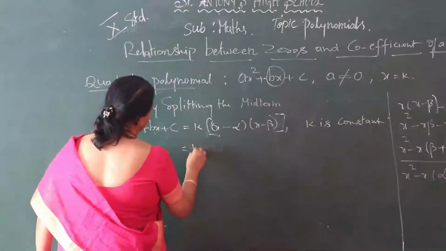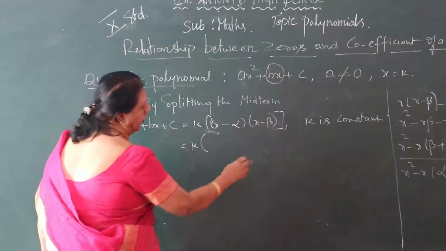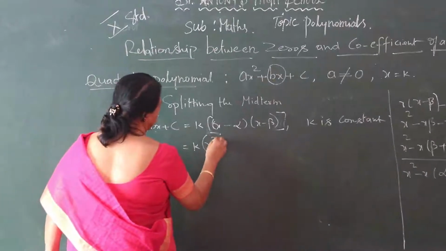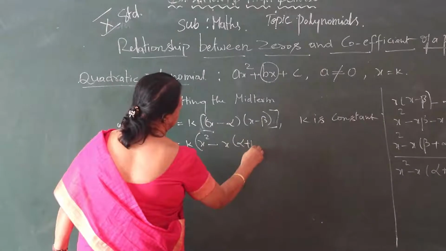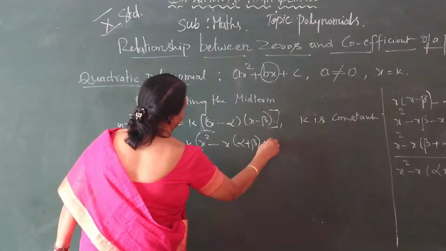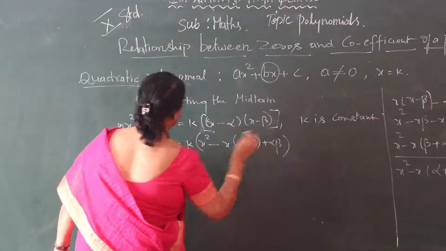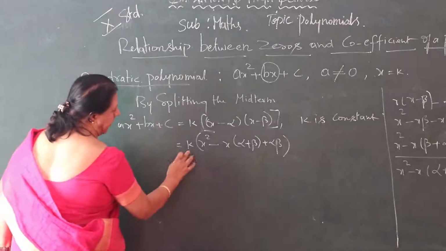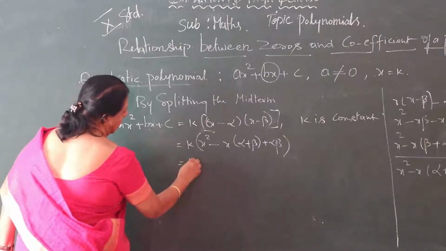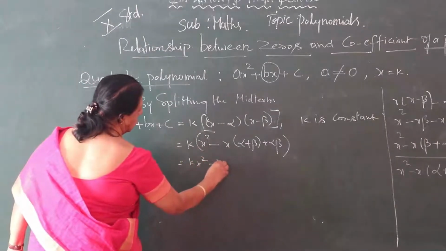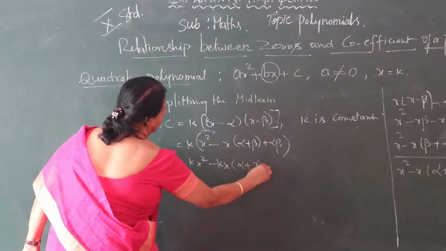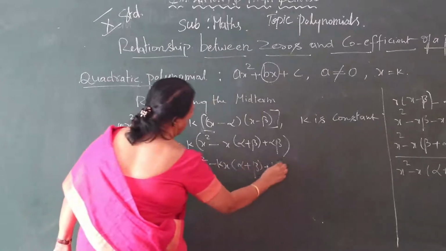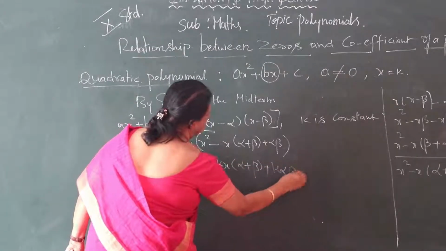Now substitute in the bracket: x square minus x into alpha plus beta plus alpha beta, close the bracket. Now multiply by k: k x square minus kx alpha plus beta plus k alpha beta.